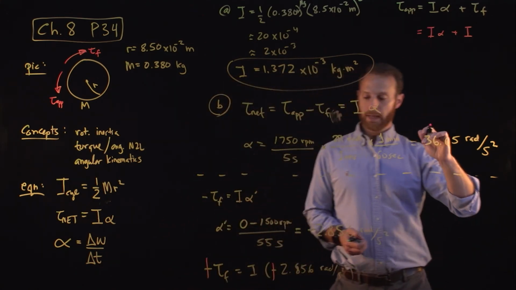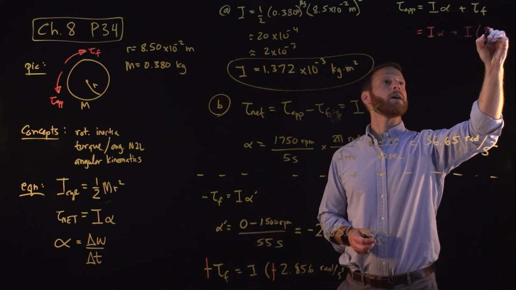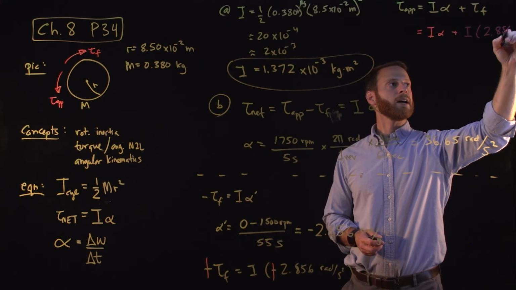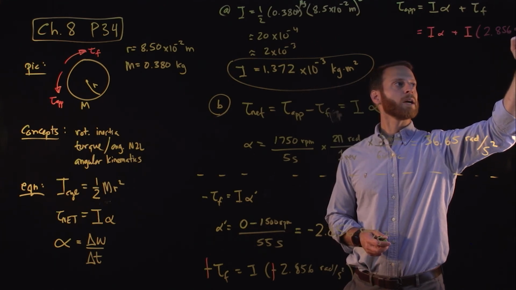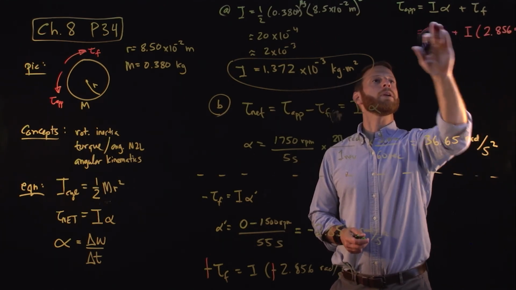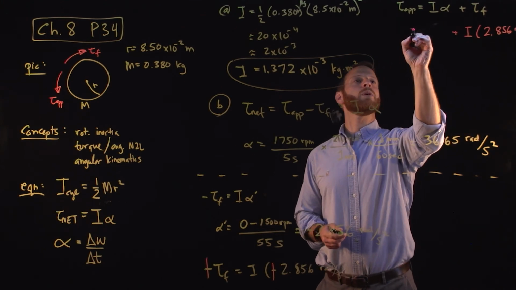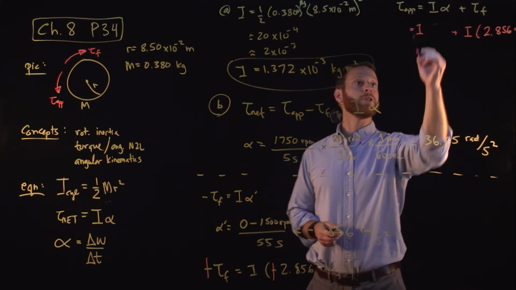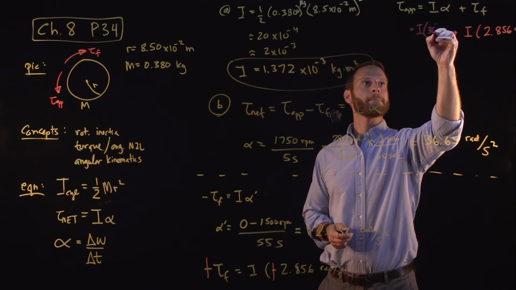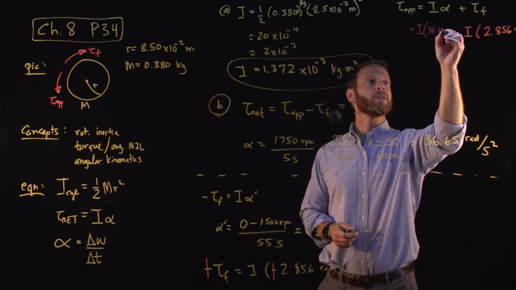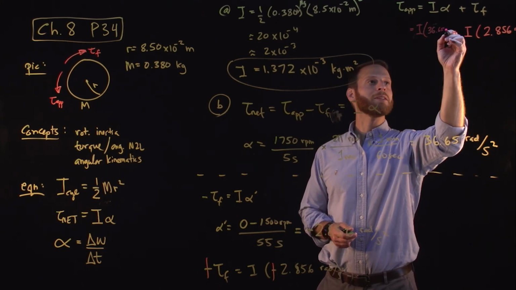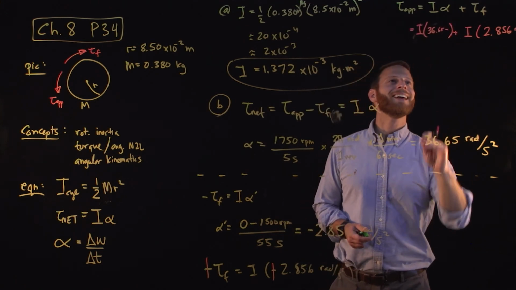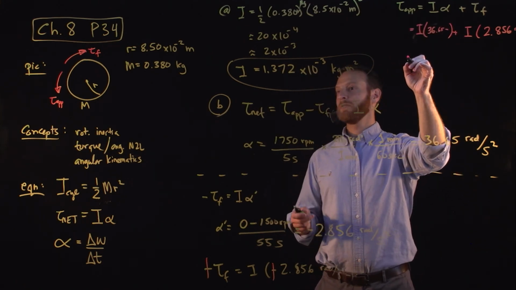Therefore, this is I times 2.856 radians per second squared. Probably makes more sense to also put the I times the 36.65 radians per second squared. Those are the right units. And we have I, we've already calculated that.